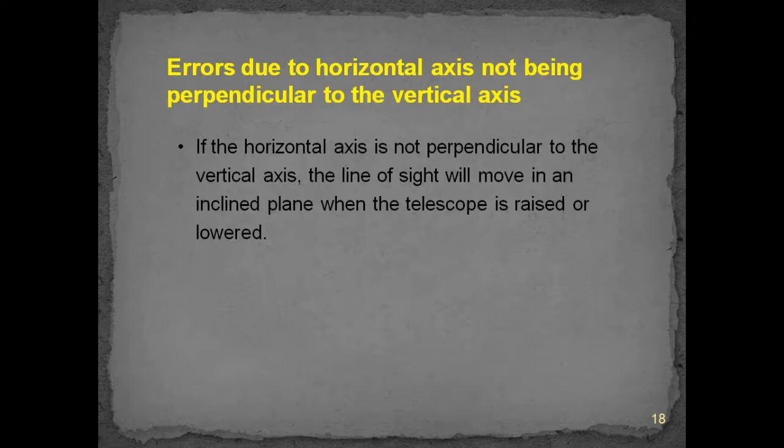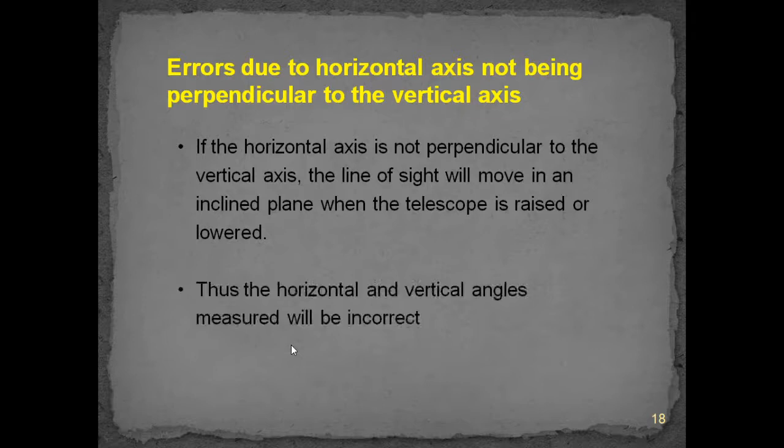What happens if they are not perpendicular to each other? Our line of sight will also move inclined. So the horizontal angles and vertical angles, whatever you measured, will be incorrect.